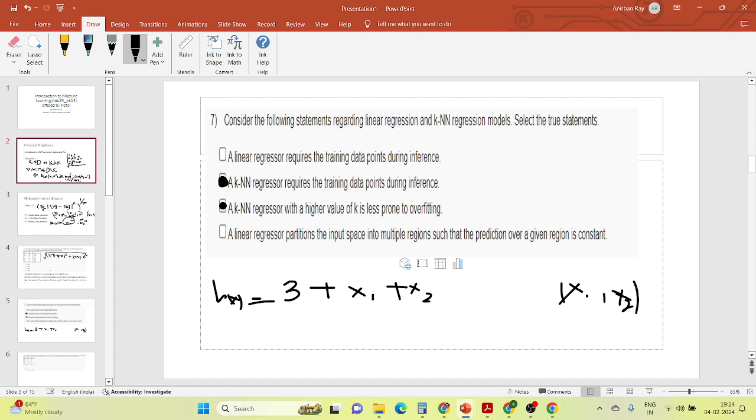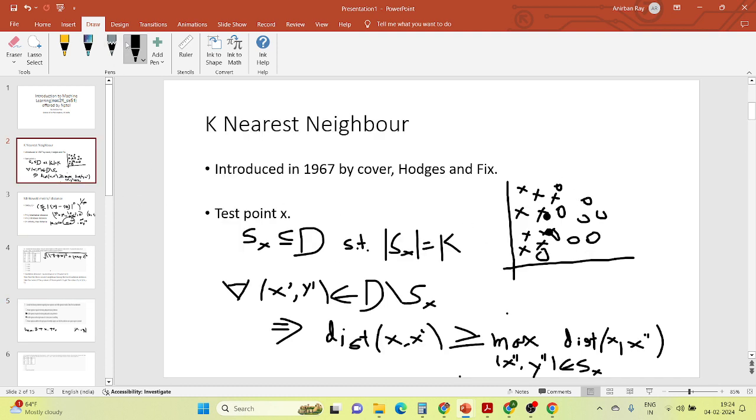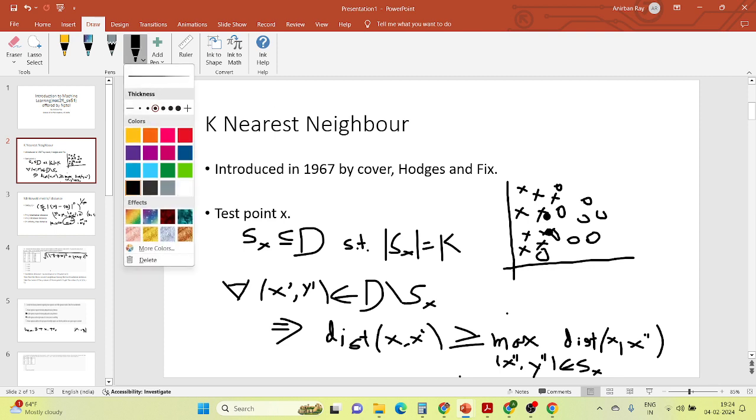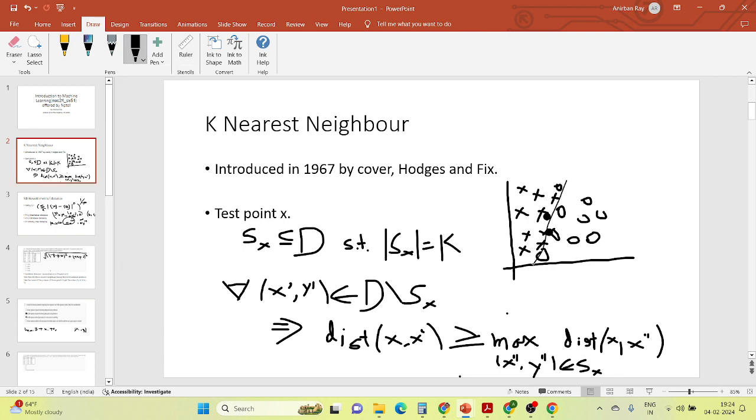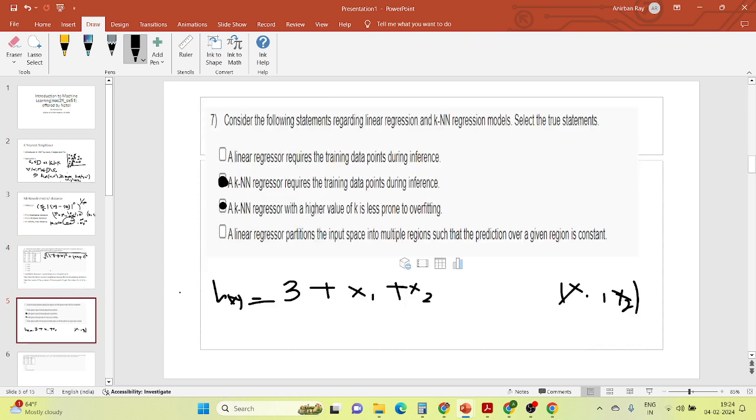It puts a line, and the region on one side has all the same classes. So what it is saying is a classifier, but the thing is it is called a regressor. So it is not true.